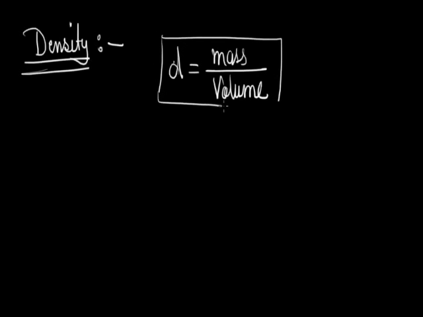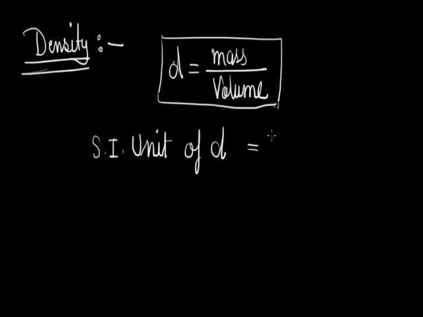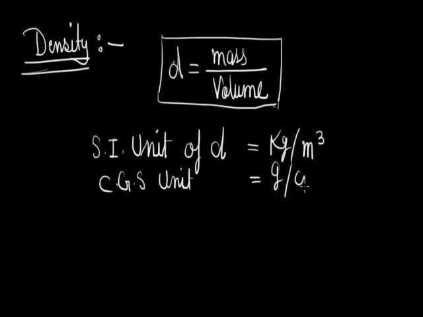The unit of density will be: the SI unit of D is kilogram per meter cube, while the CGS unit of D is gram per centimeter cube.